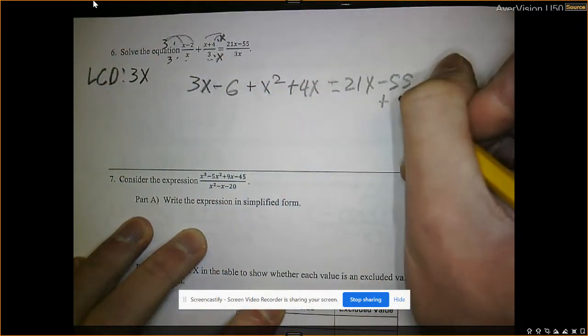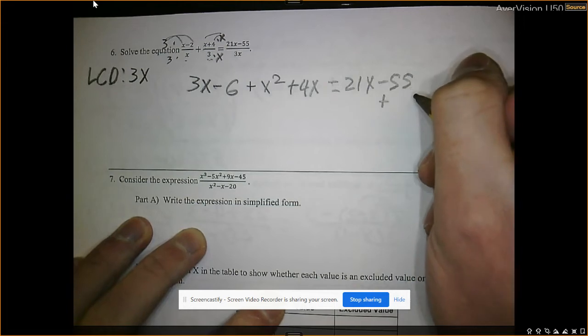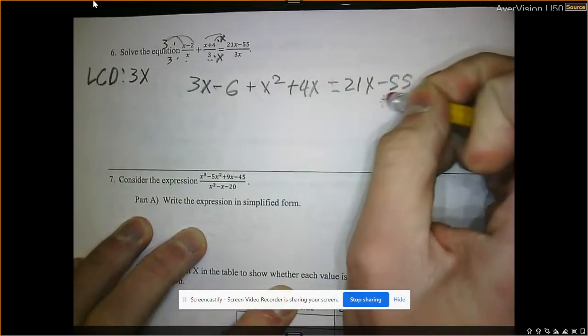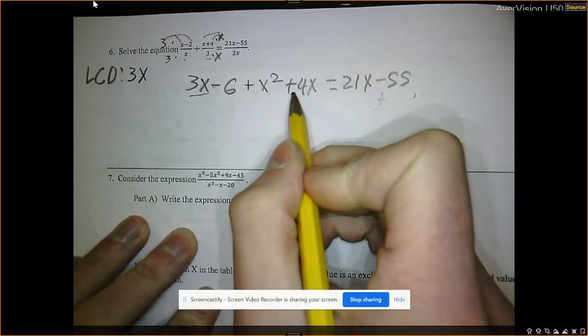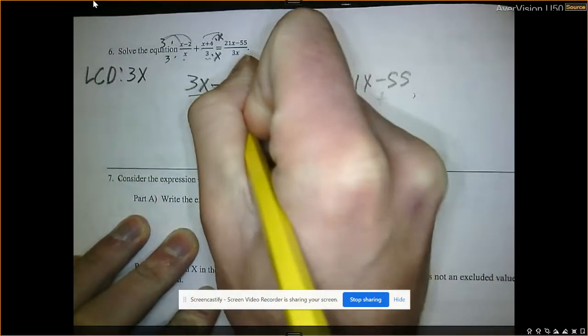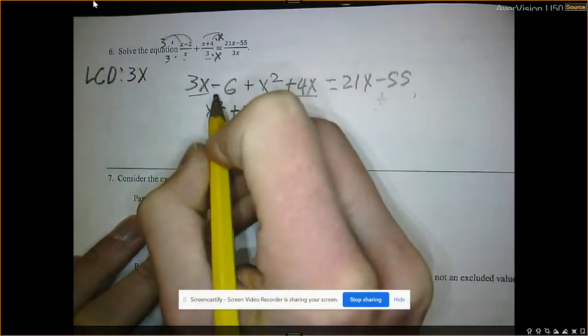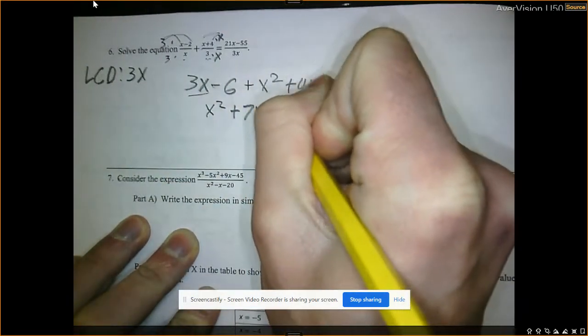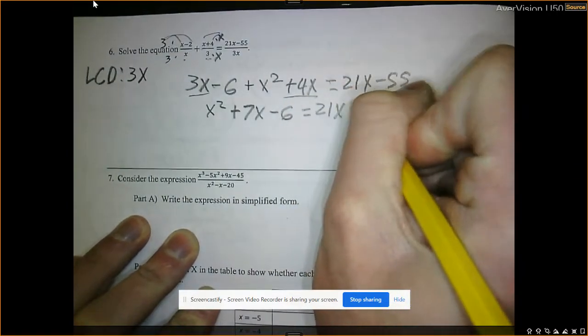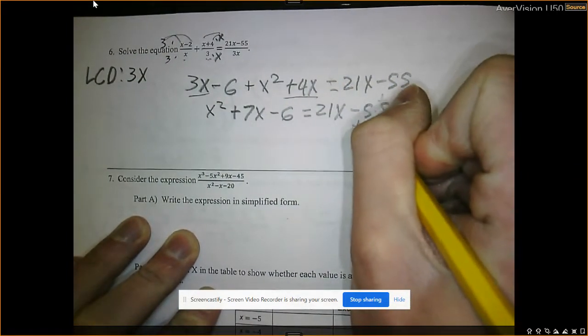So when we have that x squared, we want to get everything on one side here. And I guess before that, I'm going to combine my like terms. So we're going to have an x squared, 3x and 4x makes 7x, and then minus 6. Okay, that equals 21x minus 55. So I got to bring these to the other side.